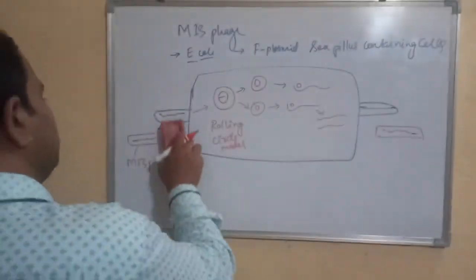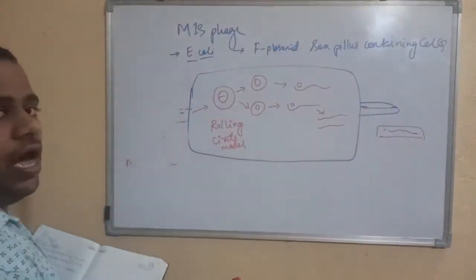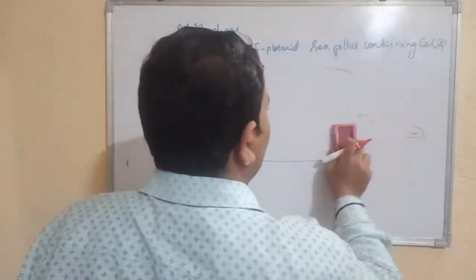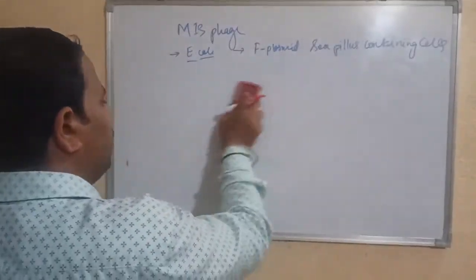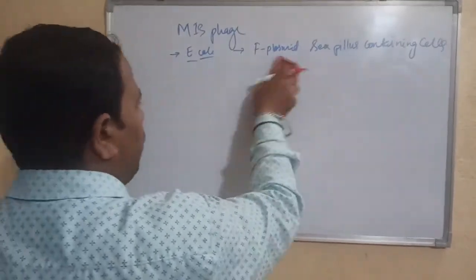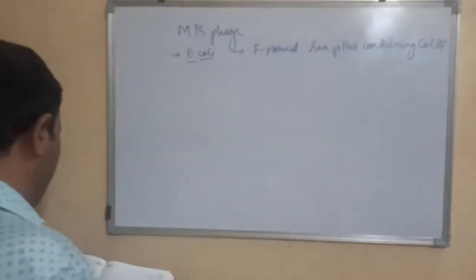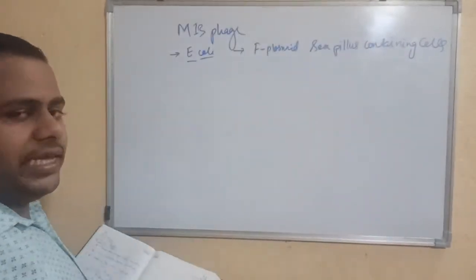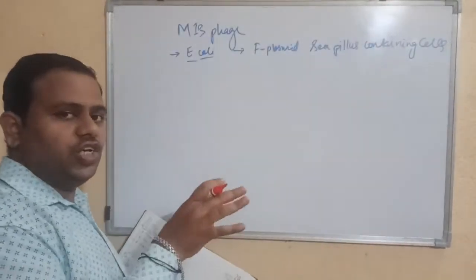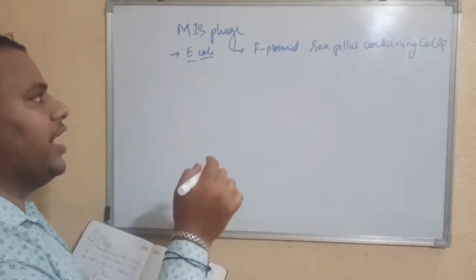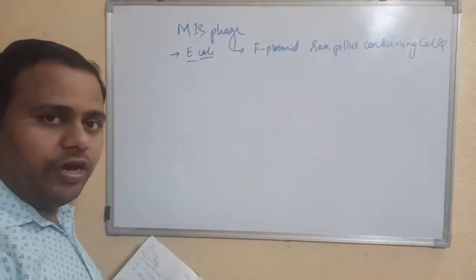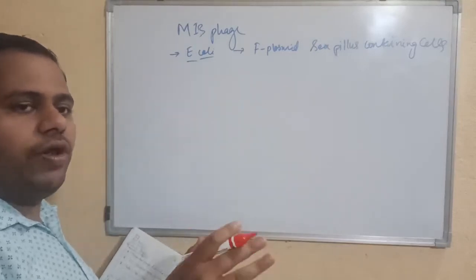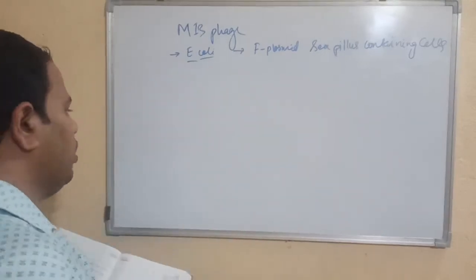So this is the way by which M13 phage infects the bacteria. Now here, the essential genome is kept intact, and the non-essential part is replaced with the foreign DNA of interest. We know that a fragment of around 500 base pairs can be inserted into this.